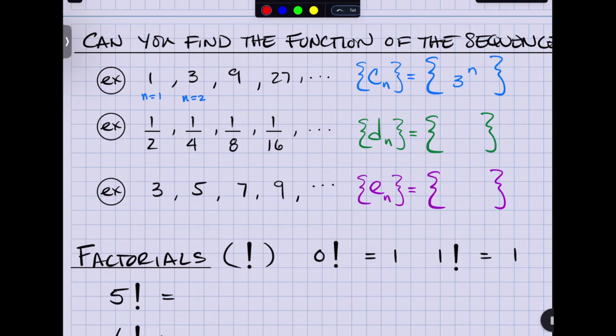Oh, no, wait, so what's n cubed? No, wait. You're so close. Because you wanted it to be 3 to the 0.